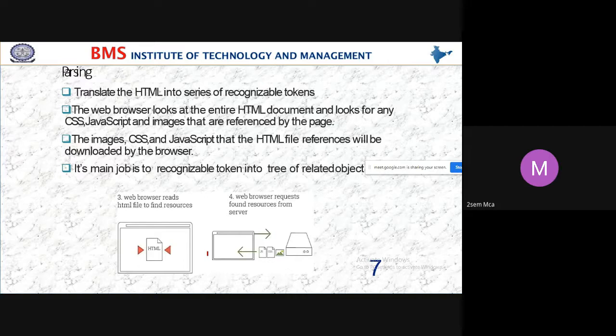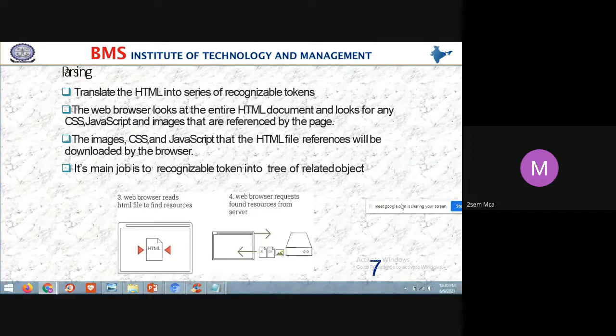The images, CSS and JavaScript that the HTML file references will be downloaded by the browser. The main job is to recognize the tokens into a tree structure of related objects.